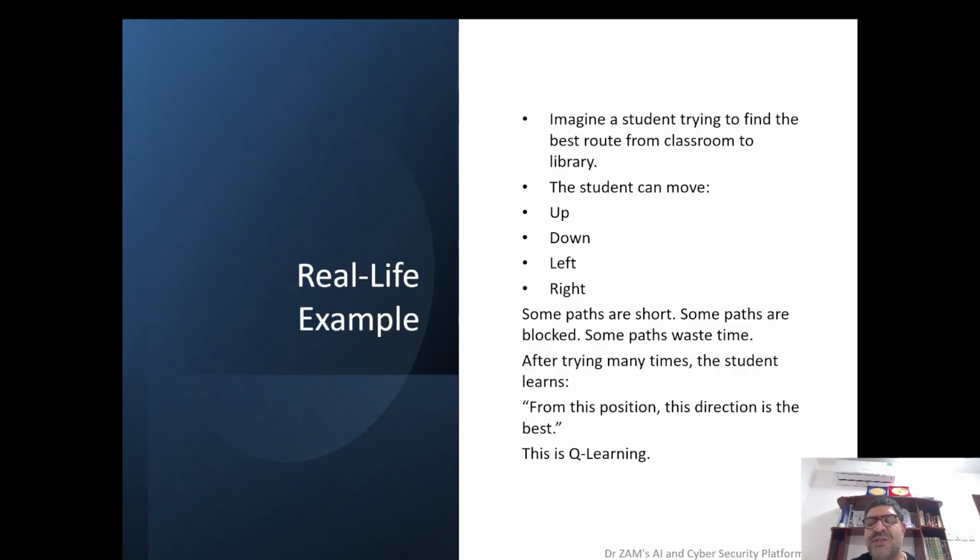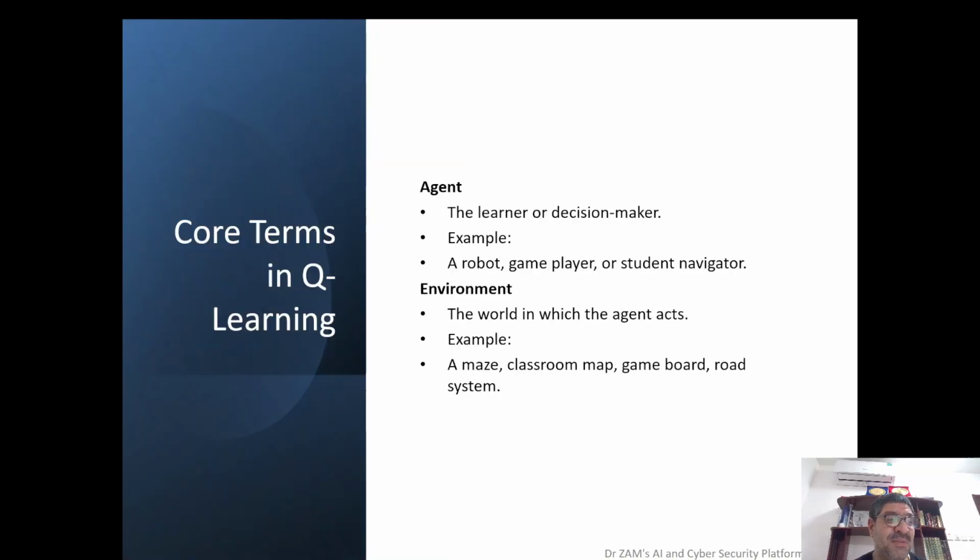After going wrong several times and taking many right steps as well, the student learns in which direction to move from each position, and then reaches the destination. This is Q learning.